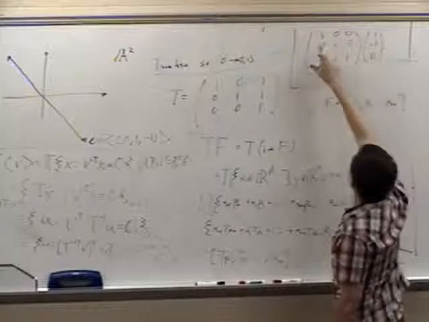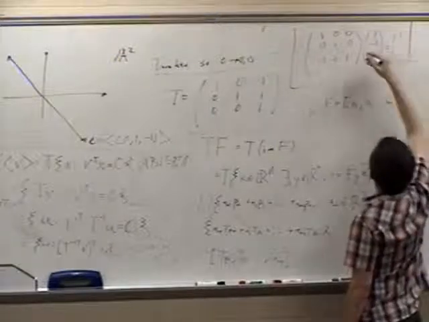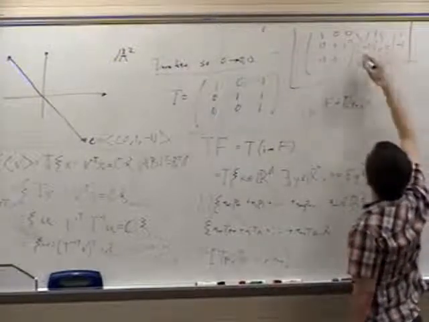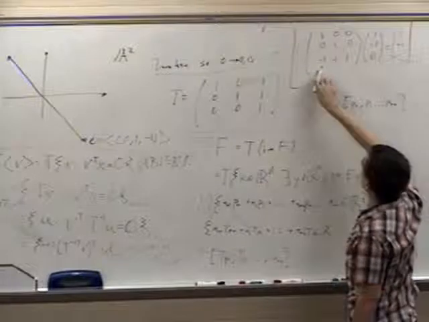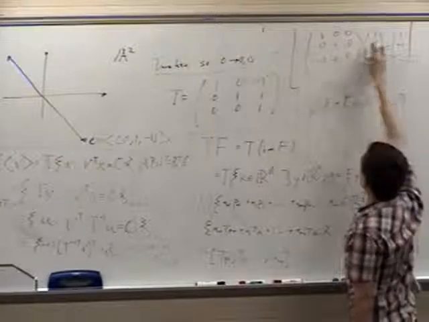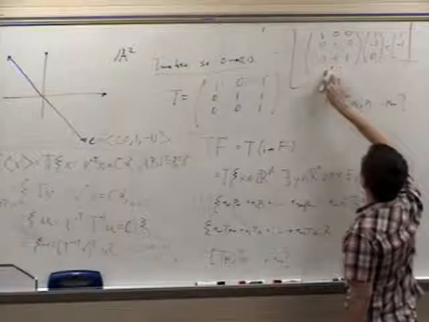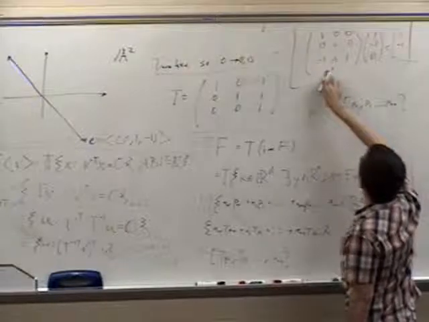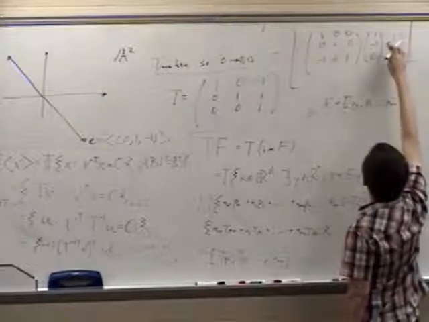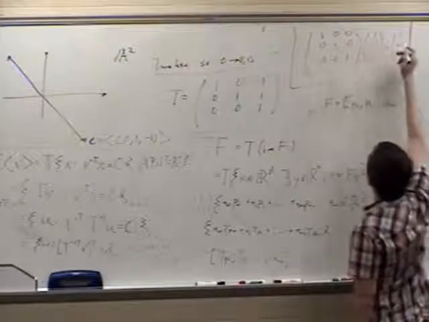Multiply this through, so I have a 1, again -1, and I multiply through on the W component, and now I get a -1 times 1, so that's going to be -1. Let's see, so it's 1, -1, minus -1.